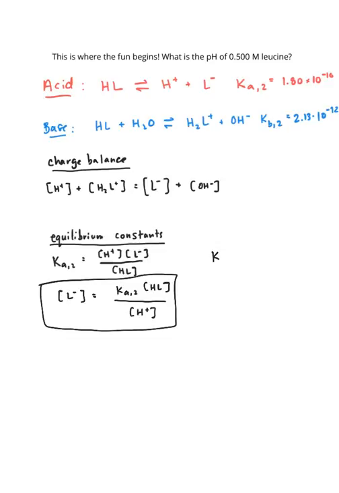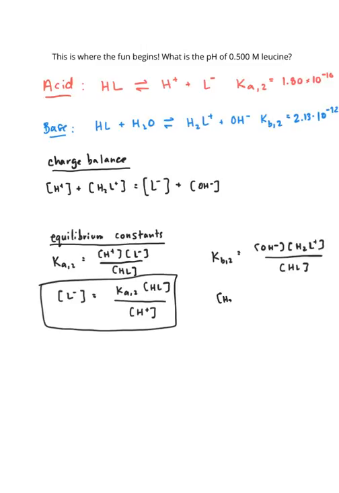Secondly, our Kb2 expression gives us the concentration of OH- times H2L+ concentration divided by HL concentration. And again, because I want to solve for components of my charge balance equation up above, I'm going to rearrange the Kb2 expression to solve for the fully protonated form of leucine, H2L+.